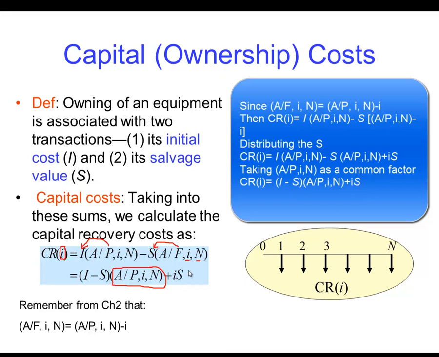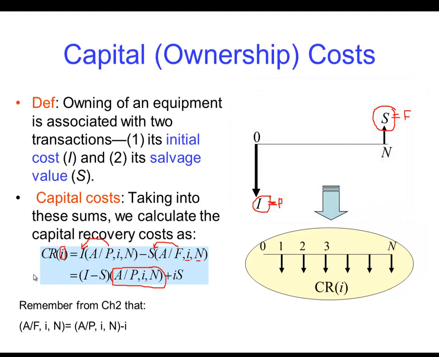And this will be my formula to find the capital cost.